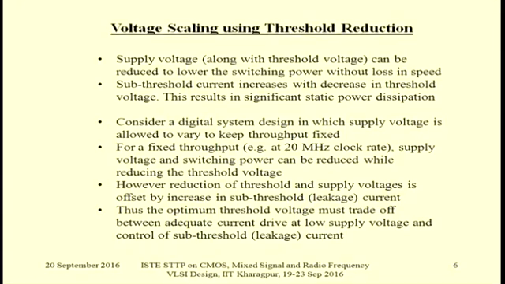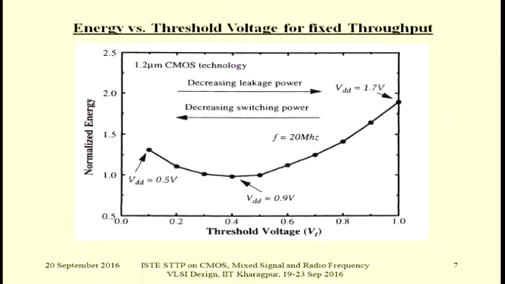This is very important. If you consider this curve, along the abscissa you are plotting threshold voltage. As you bring down the threshold voltage, the danger of more and more leakage power will be there. In this direction the leakage power is increasing, and we show by arrow the decreasing leakage power.